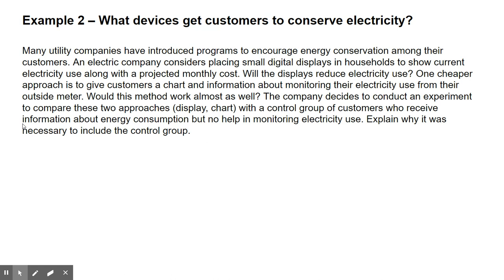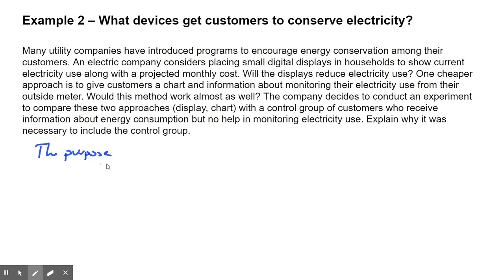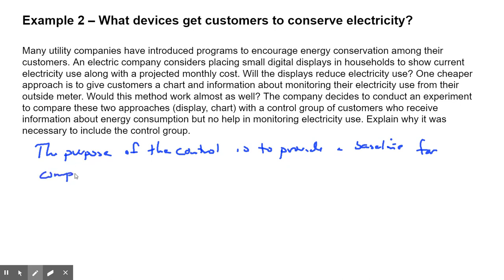So let's take a look here at this response. The memorized answer to why you have a control group is going to come out. So we're going to say the purpose of the control group is to provide a baseline for comparing the effects of the other treatments.